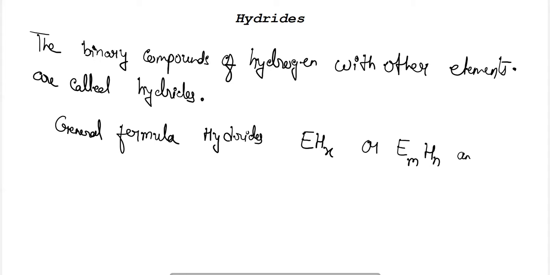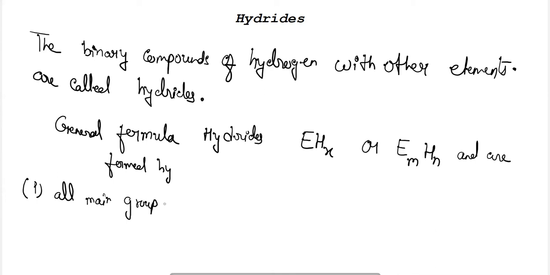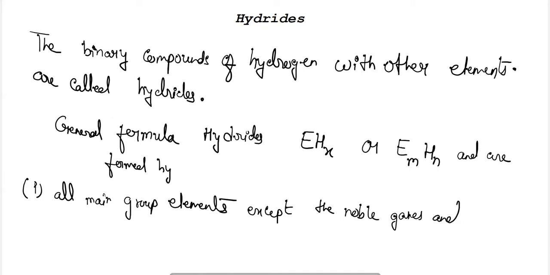Now, how are they formed? Number one, all main group elements can form hydrides, except the noble gases, and indium and thallium.